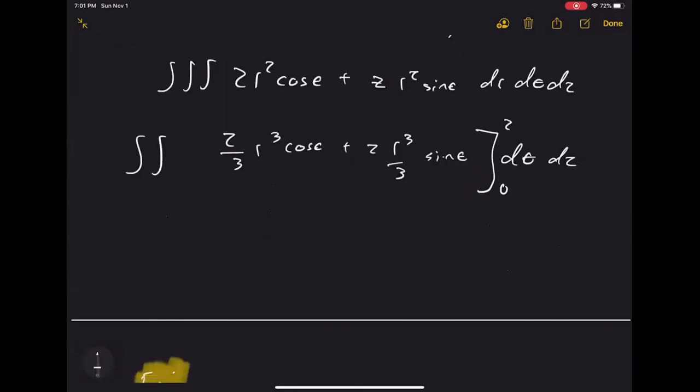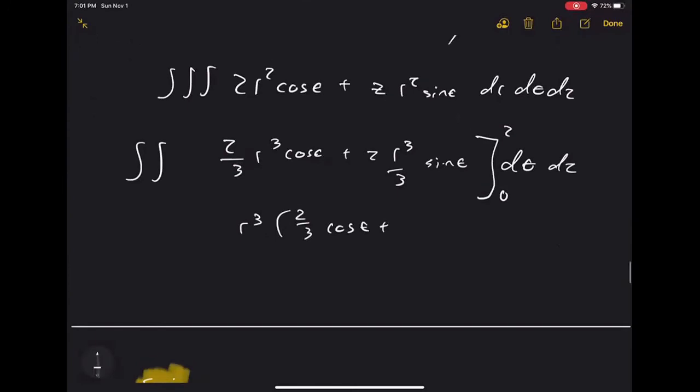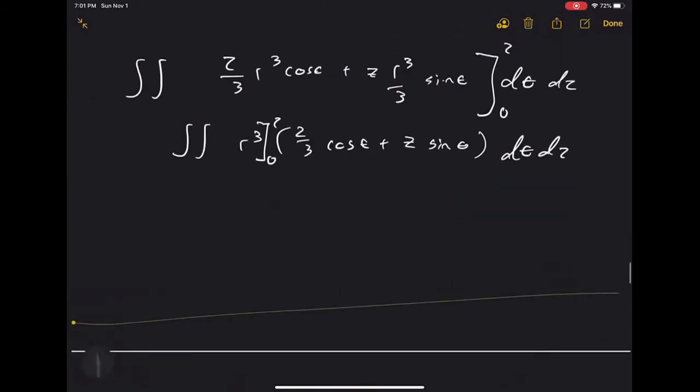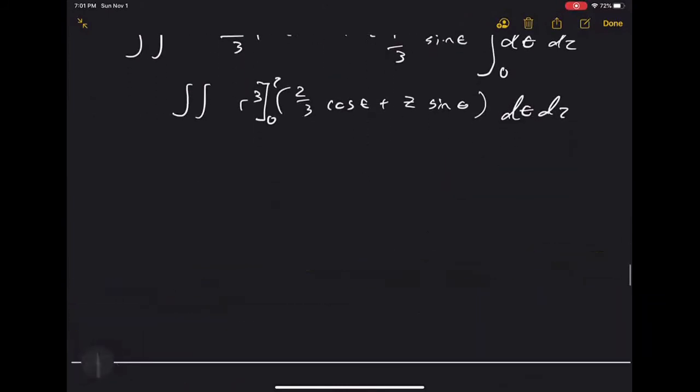If you want, you could factor out that r cubed. r cubed from 0 to 2 is just 8.